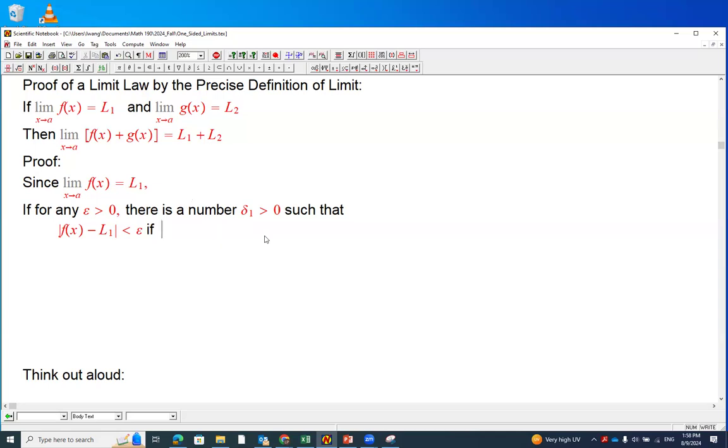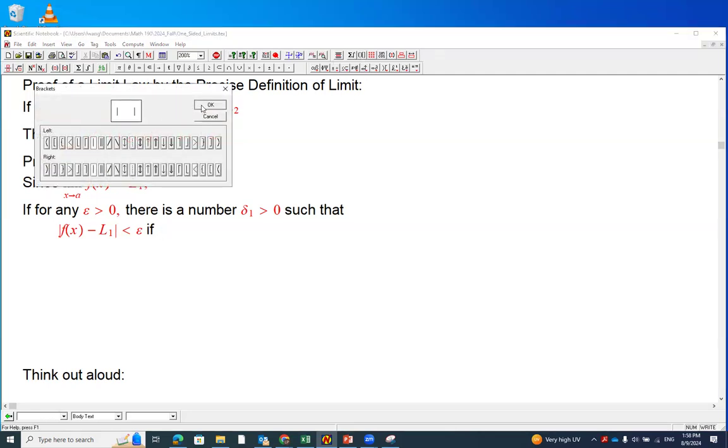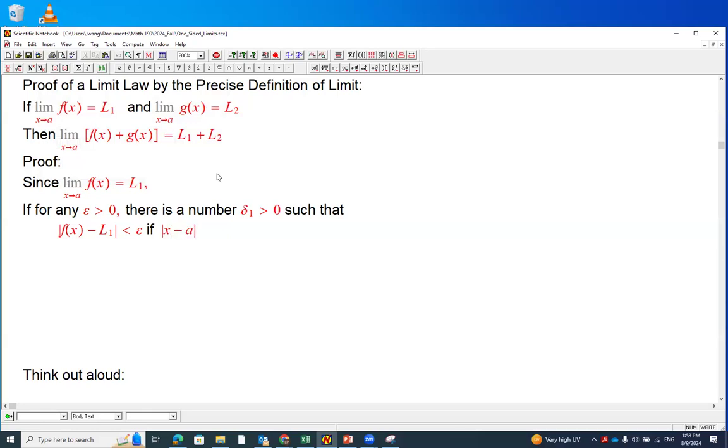So this is the precise definition of limit for f, with delta sub 1.